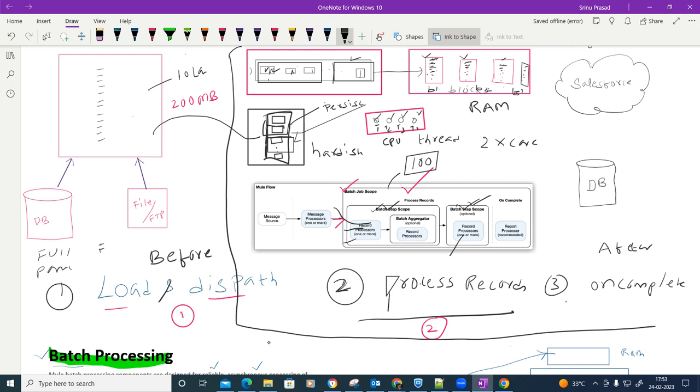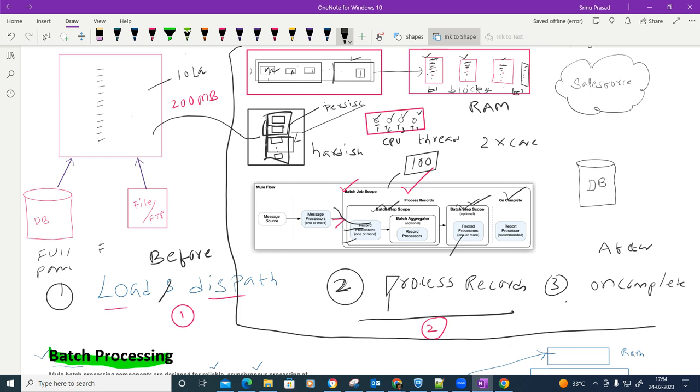Likewise, assume there are two steps. Once all the blocks got executed in the first step, they again move to the persistent queue, and the threads pick those blocks and put them back into RAM. Again all the blocks get executed, and afterwards we get the on complete phase.